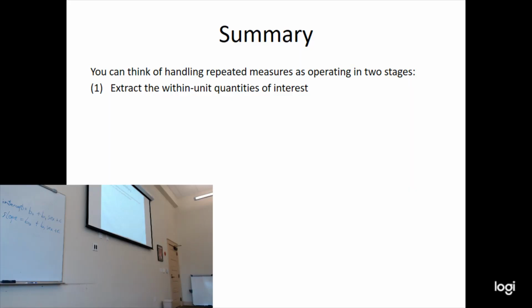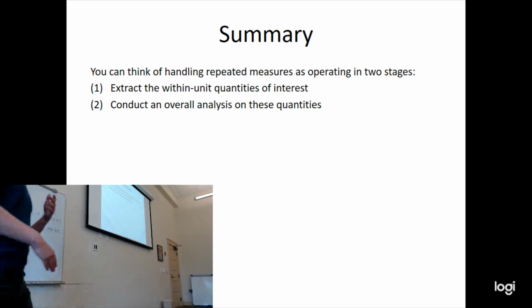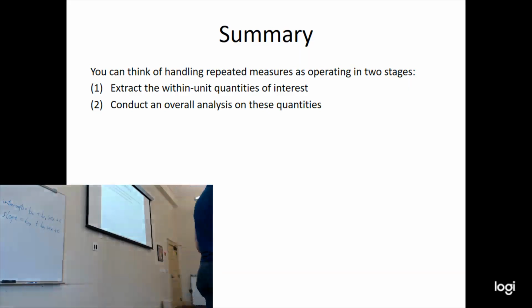You break apart the data set into as many sub-data sets as you have units, as you have disciplines or schools or whatever. Then you calculate some quantities on those separate data sets. And then in the second stage, you conduct an overall analysis on those quantities that you derived.